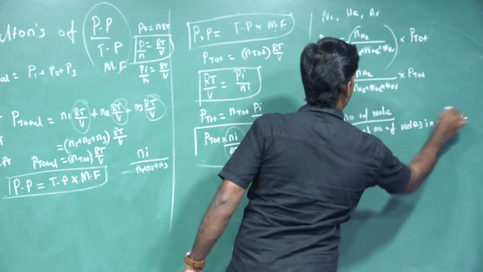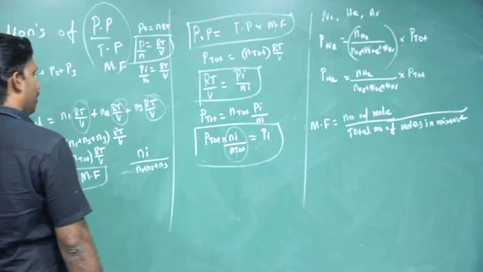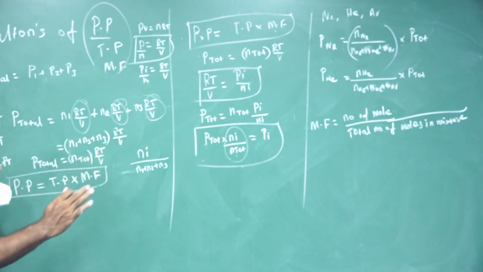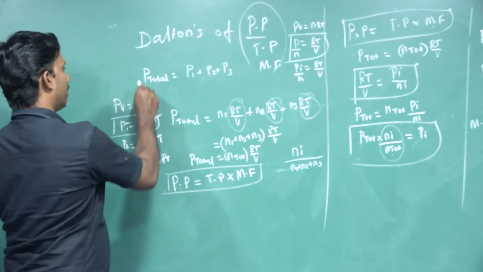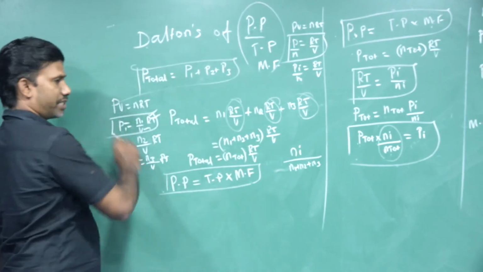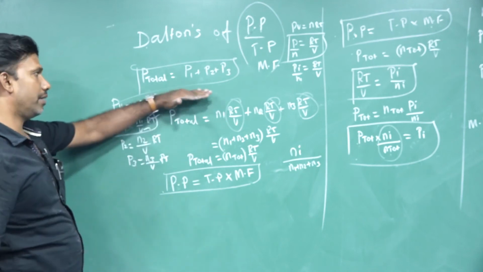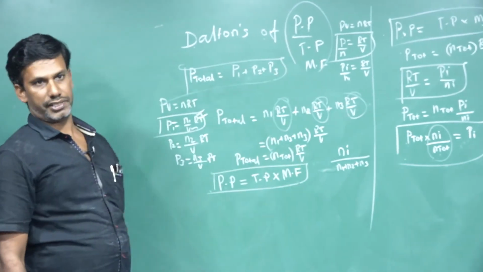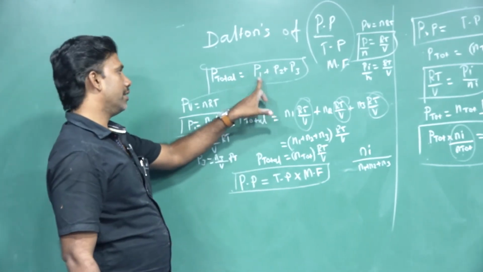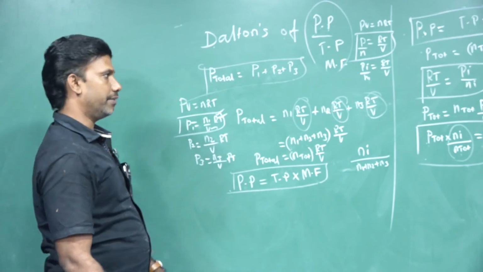So these are the elaborated form of Dalton's law. Simply, Dalton says that the total pressure of any non-reacting gaseous mixture can be calculated from the individual partial pressures of the component gases present in it. P total equals P1 plus P2 plus P3, the sum of the values.